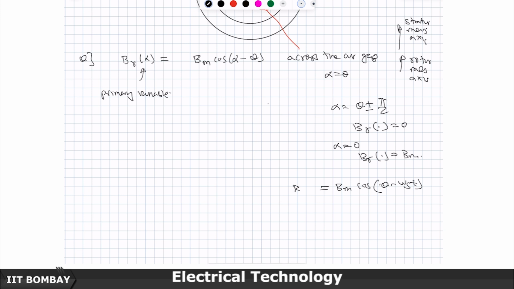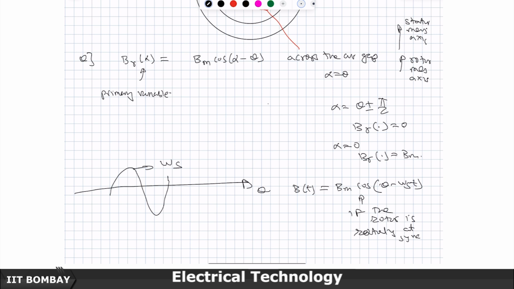This is how B of t will look if the rotor is rotating at synchronous speed, where theta is now variable. Initially, at theta equal to 0, let us say the magnet was centered around the stator A winding axis, so you created a cos of omega t kind of pattern.